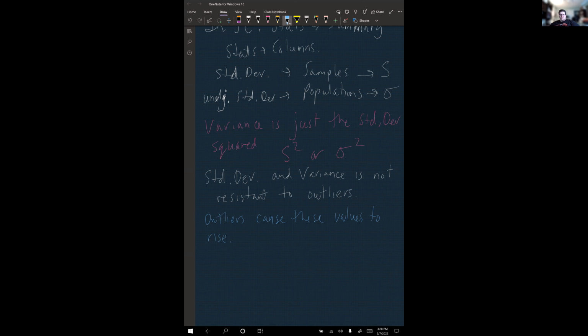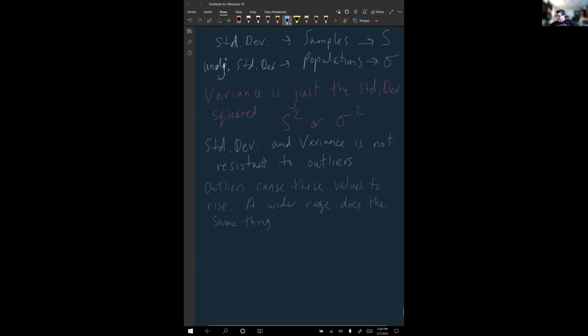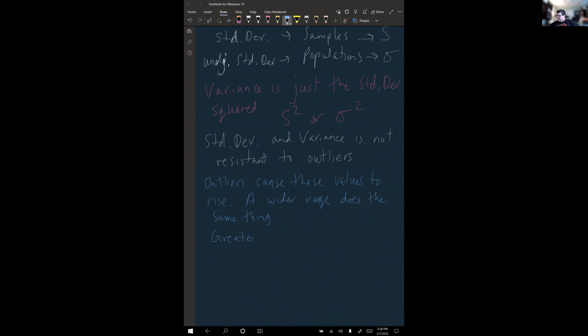Not just outliers, just a bigger spread apart. A wider range does the same thing. So kind of like the greater the deviation, the greater this number is, the more spread out the data is.